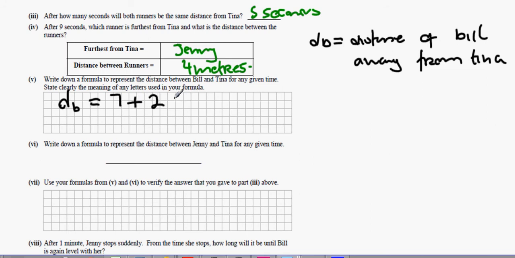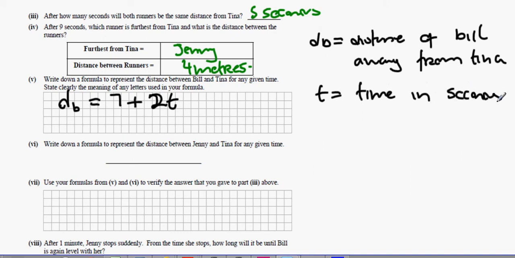So it's 7 meters at the start plus 2, because he moves 2 meters per second, 2 multiplied by time in seconds. So we can say it's going to be 7 plus 2t, and t is time in seconds.